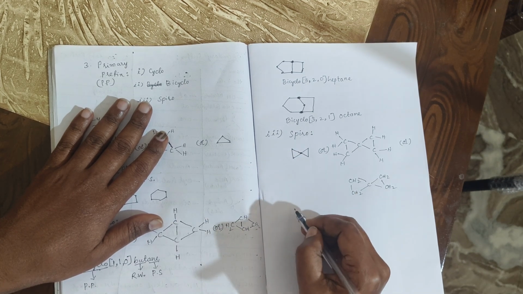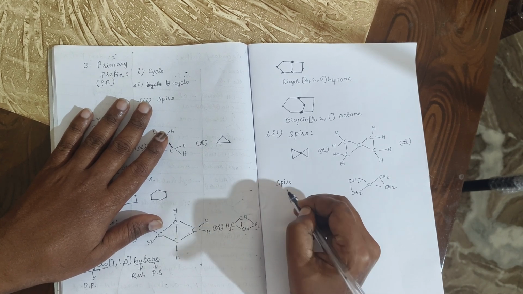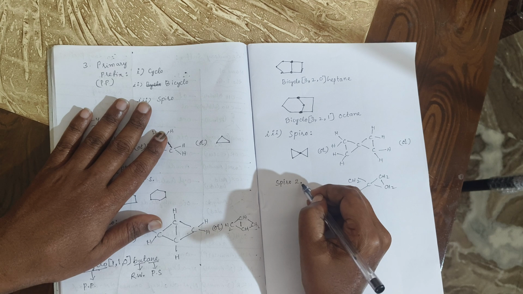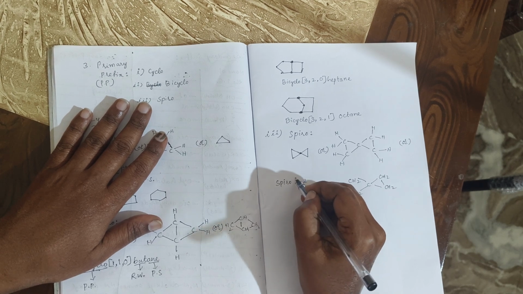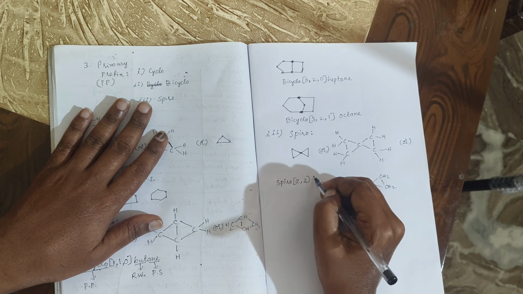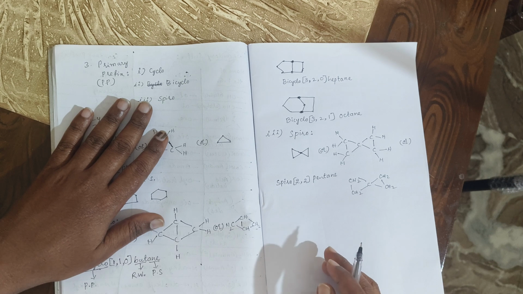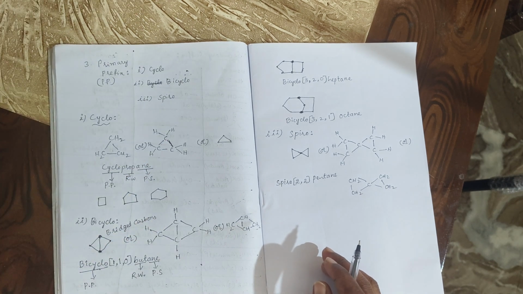Five carbons. Therefore, it can be written as spiro 2 comma 2, total 5 carbons. That's why spiro 2 comma 2 pentane.